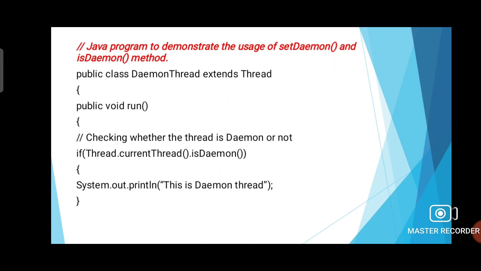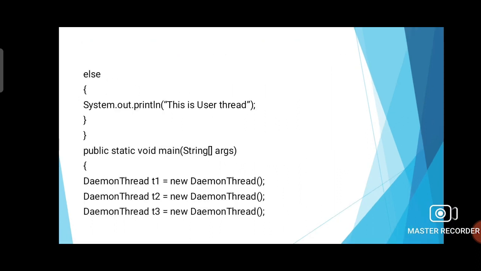If the if statement returns true, the corresponding true part will be executed, so as a result of the System.out.println statement, we will get the statement, this is daemon thread. The isDaemon method should be invoked on the current thread obtained from the class Thread, so we have applied Thread.currentThread().isDaemon().